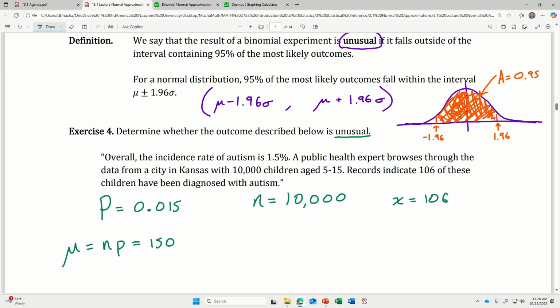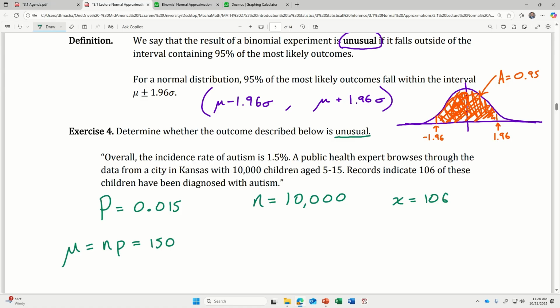If we came across 149 kids with a diagnosis, I wouldn't think that was unusual, because 149 is pretty close to what I was expecting. If I found that only 3 children had been diagnosed, well, that would be really unusual, right? We don't even have to do any math to figure out there's something wrong there. But whenever you've got a number in between 3 and 149, then it's like, well, how do we really determine if 106 is that unusual?